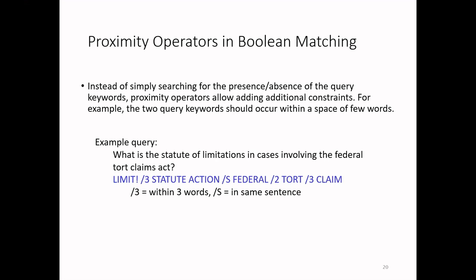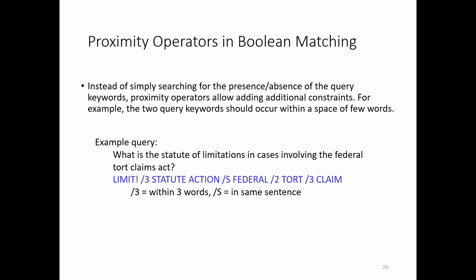The query is specified in blue words. All right. So basically what we are saying here is that these words should appear in the same sentence, within 3 words of each other, and so on and so forth.